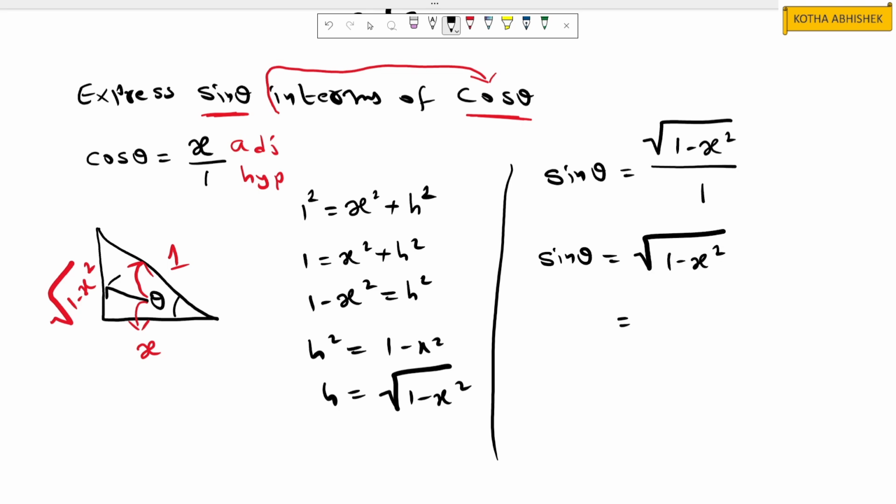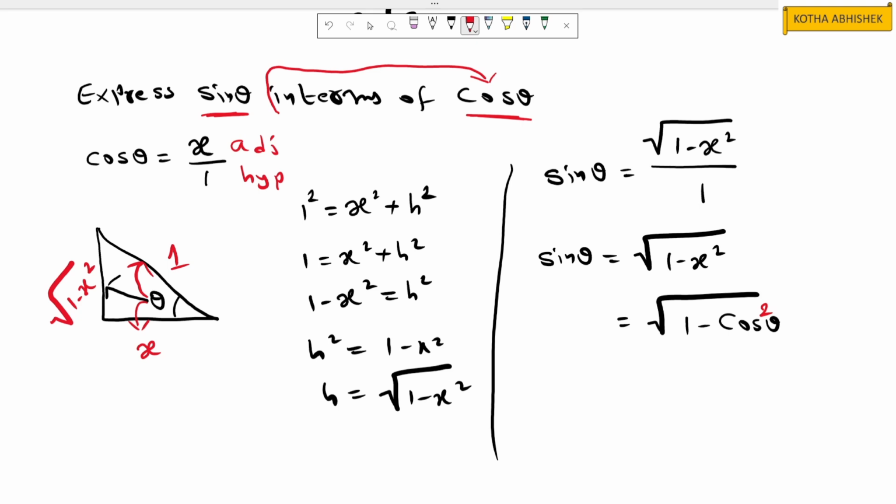In the beginning, we took x as cos theta, right? So replacing x with cos theta, but here we have x square, so write it as cos square theta. So sin theta value is under root 1 minus cos square theta.